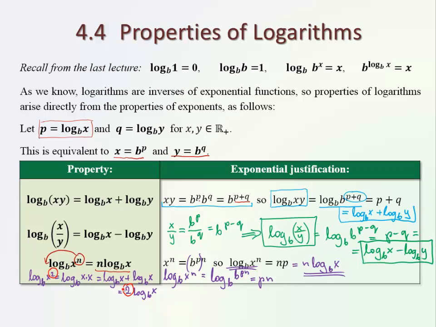So that's another way of showing that this property is true. However, that works only for integers, and the proof that I showed you on the right hand side works for any real n. We really have to be careful not to get confused with those properties. We don't have a property that splits log over addition or subtraction. This is never true.